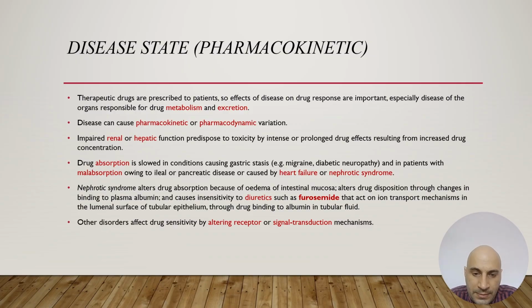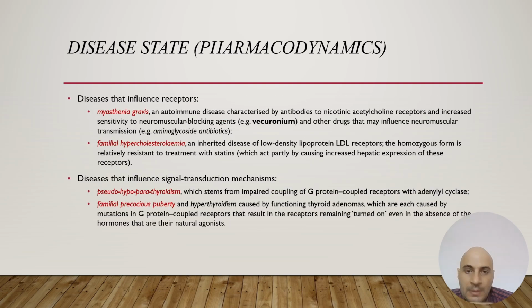Other disorders affect the sensitivity by altering receptors and signal transduction mechanisms. So on the pharmacodynamic side of things, diseases influence receptors, like myasthenia gravis, which is a disease that affects the muscles, particularly the neuromuscular junction, the interface between neurons and muscles, where those are nicotinic receptors to acetylcholine.